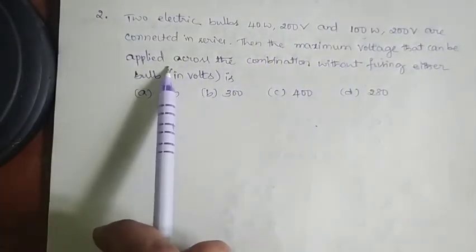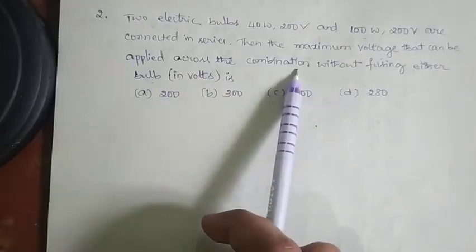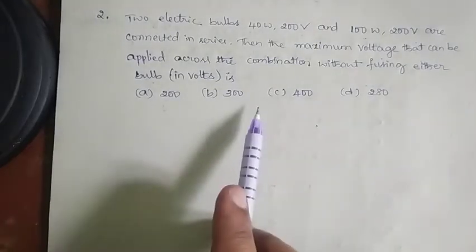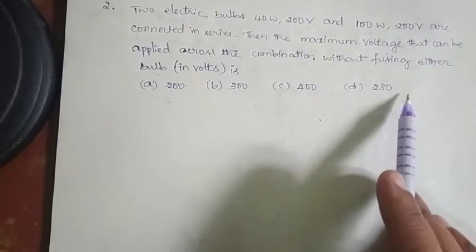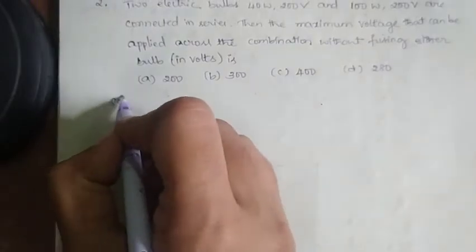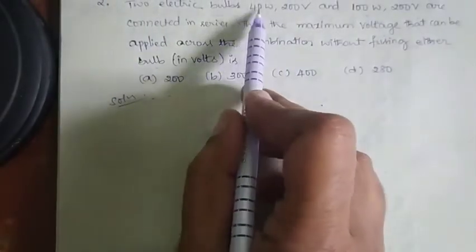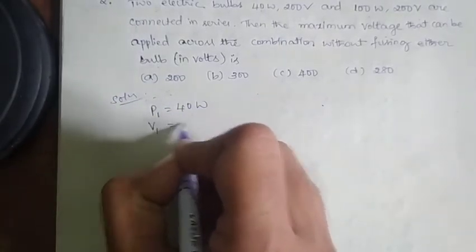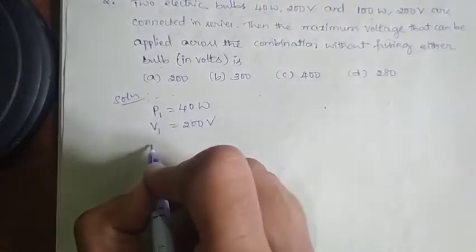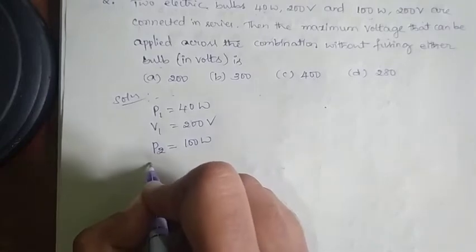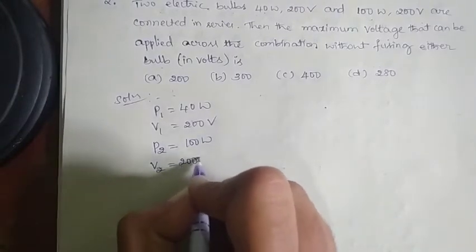Then the maximum voltage that can be applied across the combination without fusing either bulb is option A 200, option B 300, option C 400, option D 280. Now we have to solve like this.